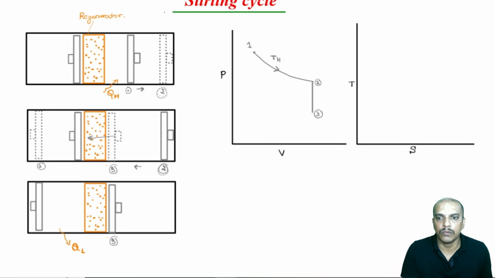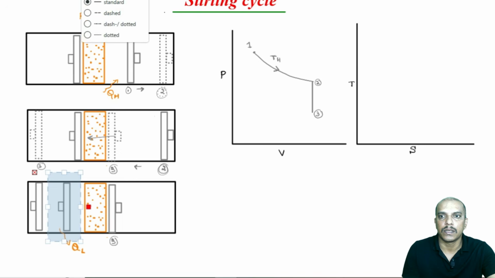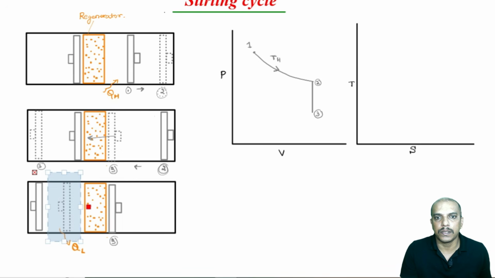Now, piston should move towards right. I mean to say, one piston is fixed, only this piston moves towards right. Okay. So, that means there will be a compression.